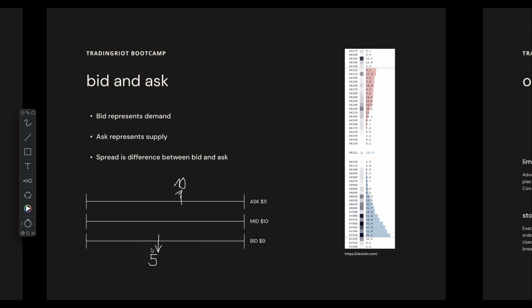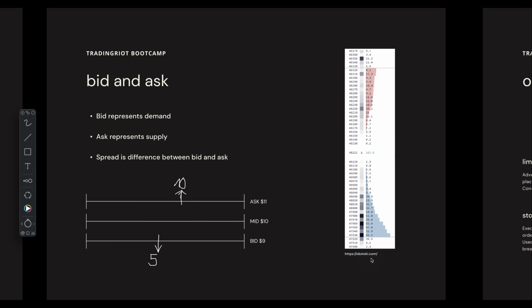For the market to move to $11, someone, and once again it can be one person or 10 different people, has to buy into this offer. So they have to buy the 10 contracts for the market to move one tick higher.